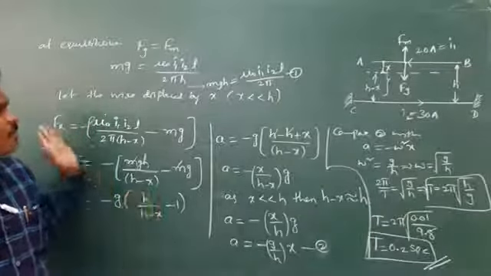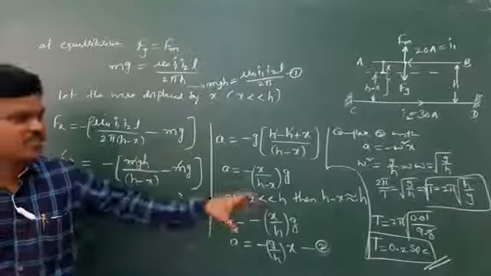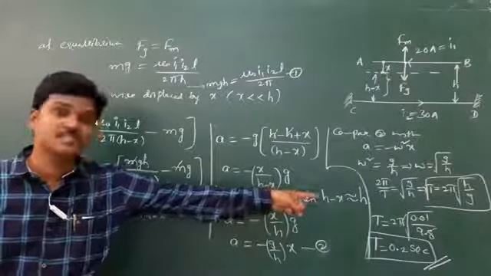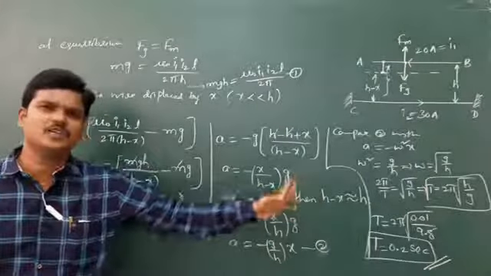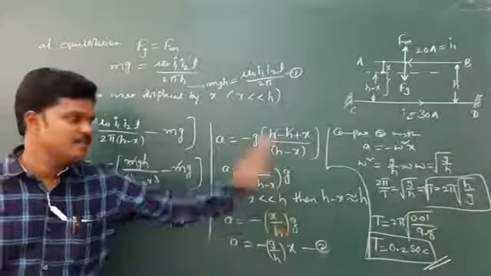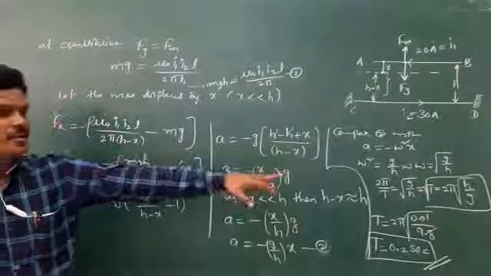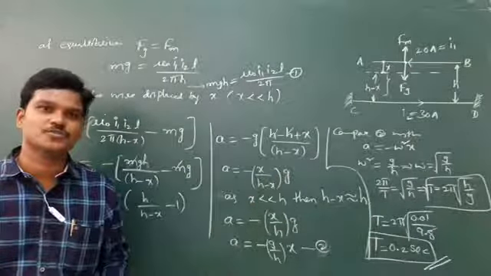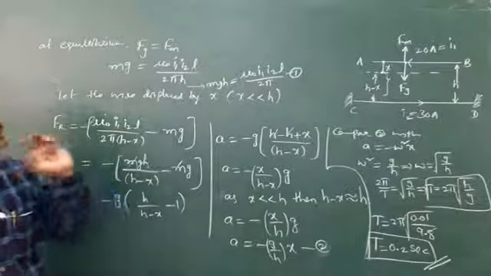See how I am extending and changing the steps. Here x is less than h, so I took h minus x as h, approximately equal. So finally, 2 pi root of h by g, I got T equal to 0.2 seconds.